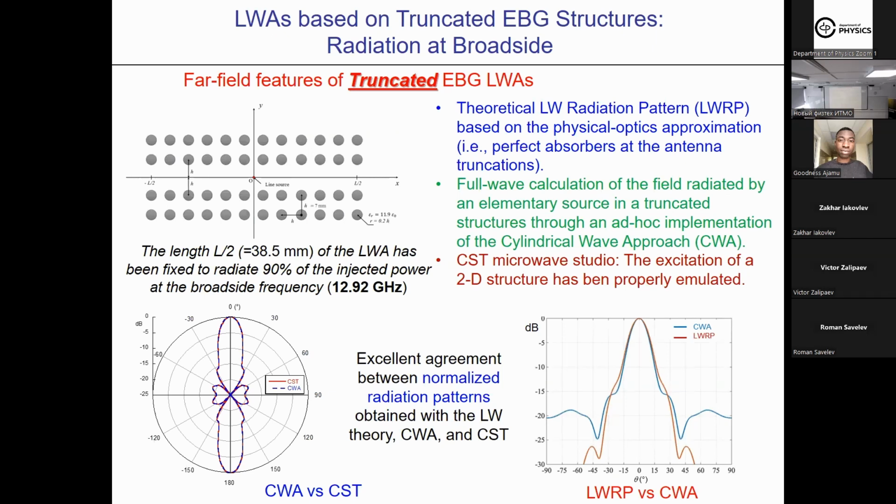I compare here three methods: the method I proposed, the cylindrical wave method, and also CST Microwave Studio. And you can see that for all methods, we have a very nice agreement. But when I use my method, we can very easily calculate the propagation constant and attenuation constant, and when they agree, in this case, we have a broadside radiation.